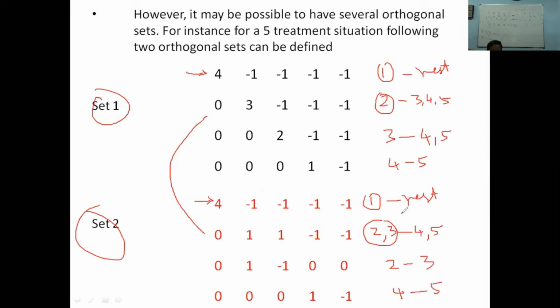You see, totally different sets of objectives or contrasts. So again, cross-check: multiply the coefficients individually for all contrasts, C1 versus C2 or C1 versus C3. Multiply and see all the coefficients. You will see all are equal to 0.